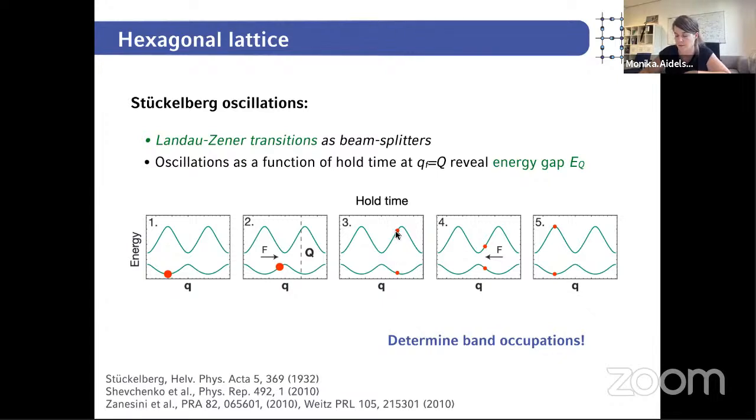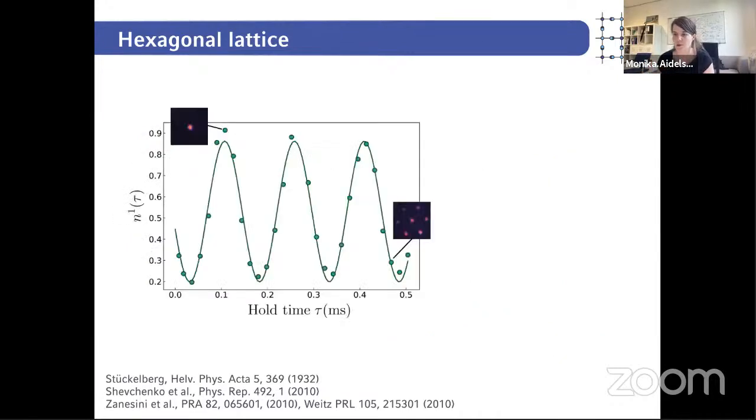So by extracting the fraction of atoms in the lowest band after this interferometry sequence as a function of time, we can extract the oscillation frequency, and from that we can extract the energy gap between the two bands.